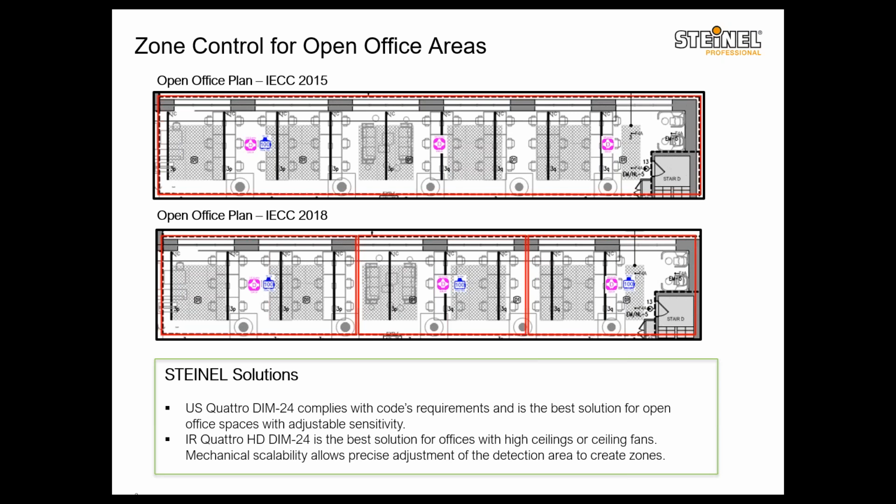This would be a perfect case if you have an open office space with partitions or cubicles or something like that. And if you have an office with a ceiling height of 12 feet or more, or you have ceiling fans in that office, in those cases the US Quattro, an ultrasonic sensor or a dual-tech sensor, will not work properly. So you're better off using your IR Quattro HD DIM-24 in this situation.